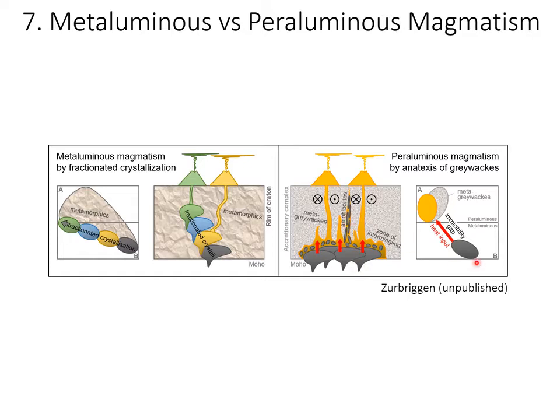And in the AB diagram, this looks like this. We have the primary basalts down here. They hit the greywacke, which melts, giving rise to the peraluminous magmatism.